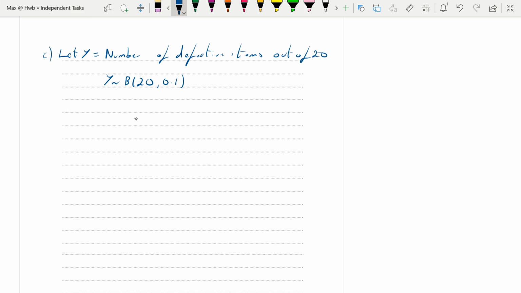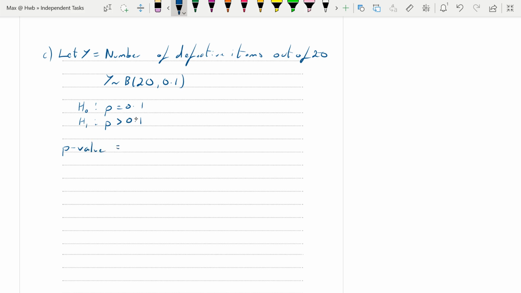The second part I need to do is my hypotheses. So H0 is that the probability is 0.1, and H1, in this case, they're saying the proportion has increased, so greater than 0.1. Now I'm going to use p-value here. I think it's a little bit easier with binomial than doing critical region.